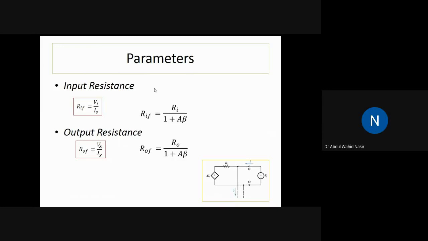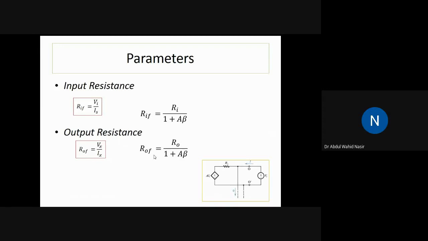So there is an improvement in the input resistance. Clear? Similarly, the output resistance should also be smaller. The output resistance for the feedback configuration gets reduced by a factor of 1 plus A beta. Here RO is the output resistance without negative feedback, and ROF is the output resistance when we consider negative feedback. ROF is the value of RO, but reduced by a factor of 1 plus A beta.